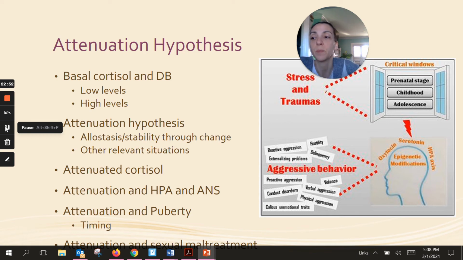Some other factors: minor traumatic experiences, insensitive parenting, more time in child care centers, and interparental conflict are all related to lower basal levels of cortisol. Attenuated cortisol predicted child externalizing symptoms over a 2-year period.